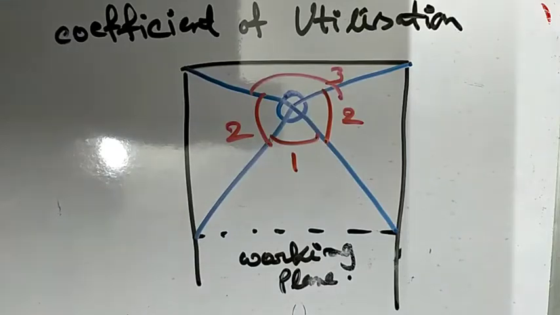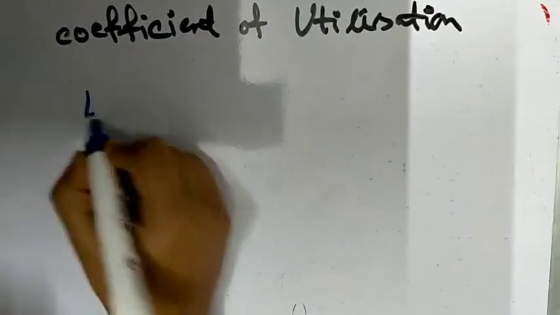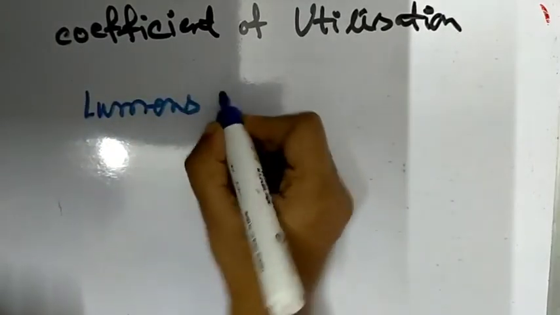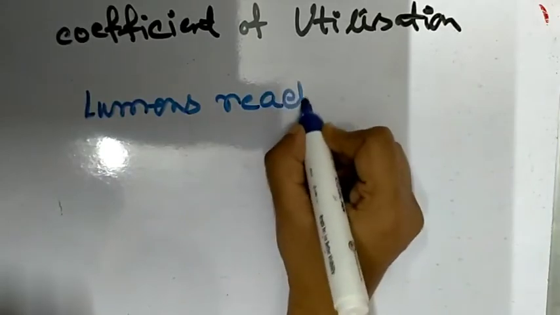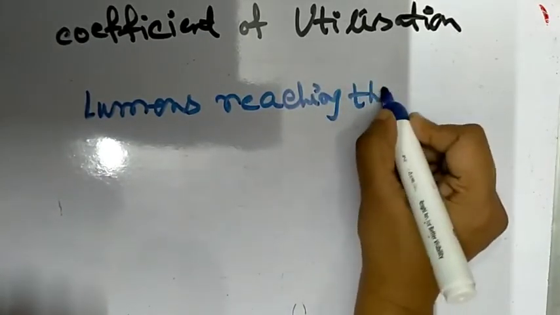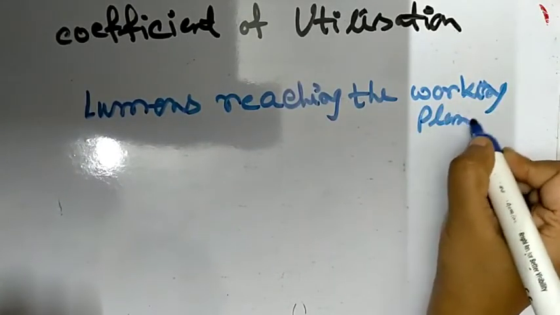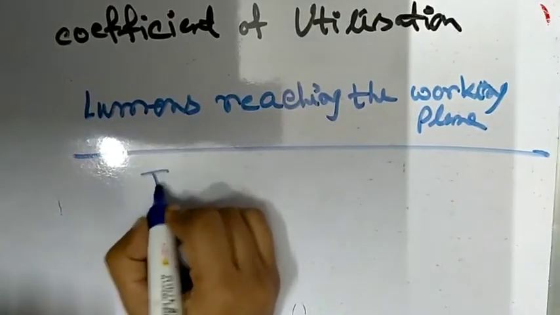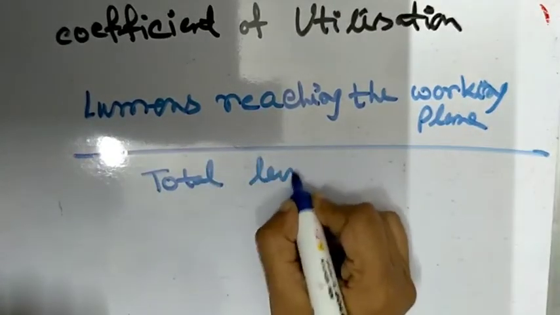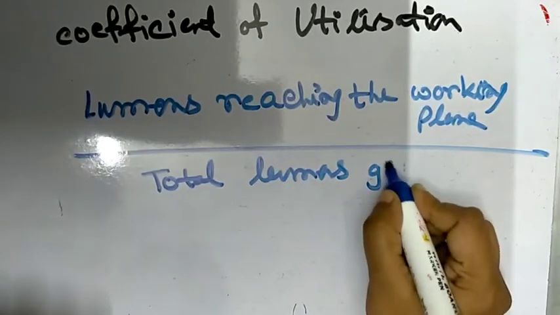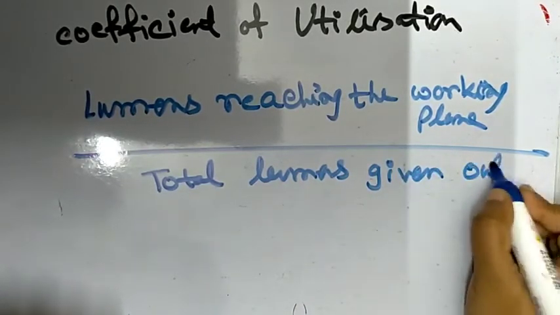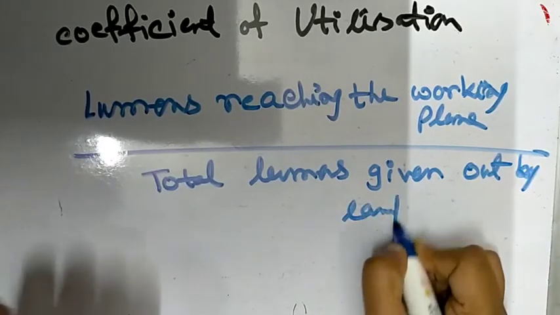So coefficient of utilization is the ratio between lumens reaching the working plane by total lumens given out by the lamp.